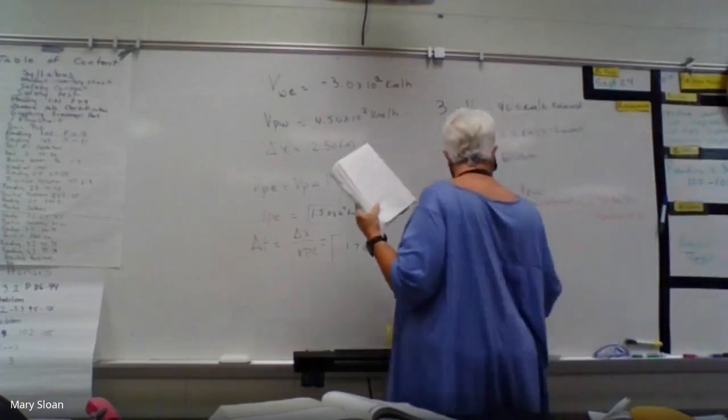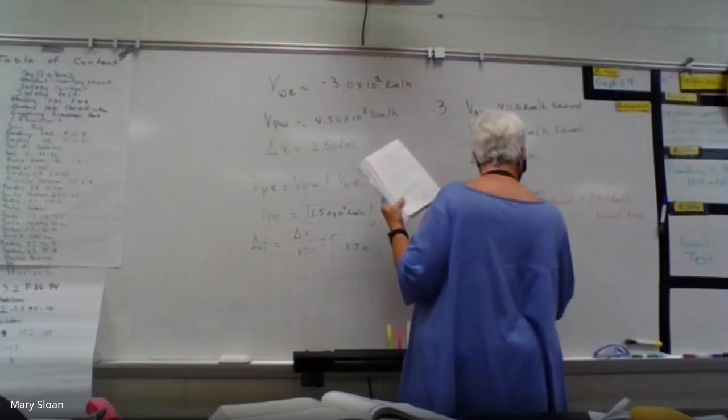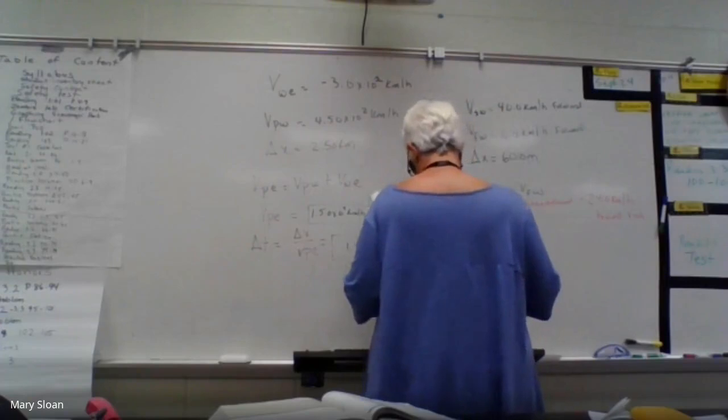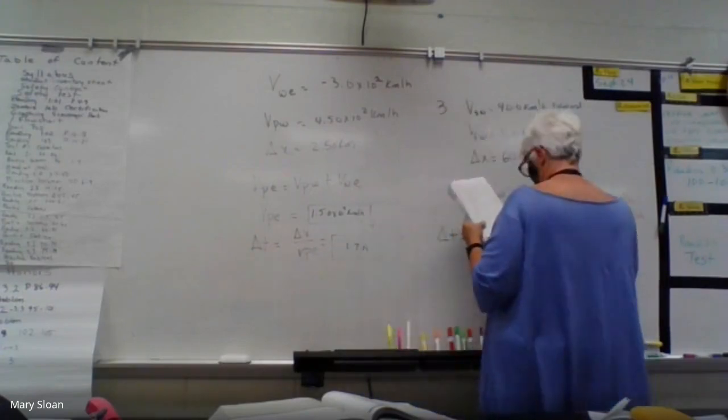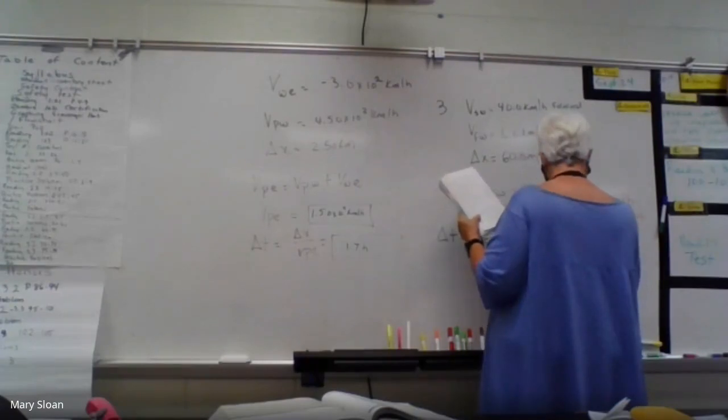And so we have 60 meters over 24.0 kilometers per hour. We've got to do a conversion. 1 hour equals 3,600 seconds.